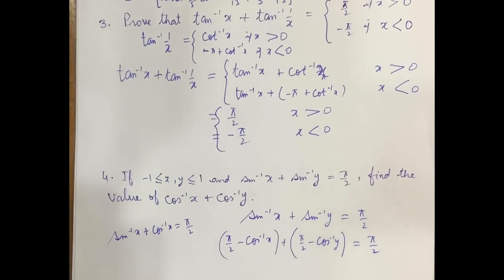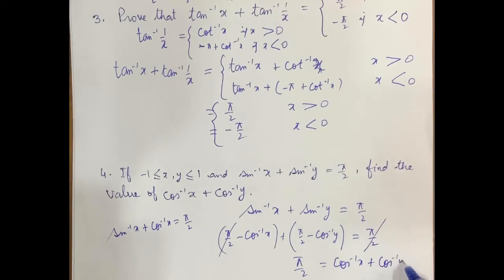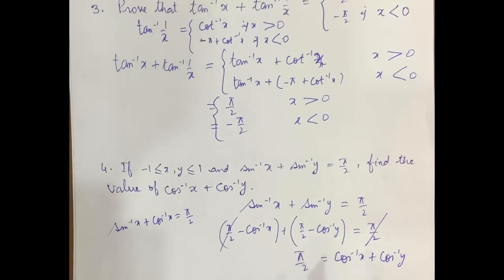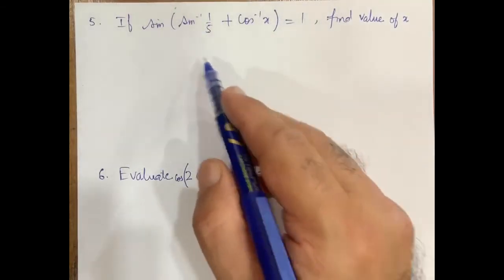Cancelling out pi by 2 from both sides, we get pi by 2 is equal to cos inverse of x plus cos inverse of y. So this is value of cos inverse of x plus cos inverse of y, equal to pi by 2.